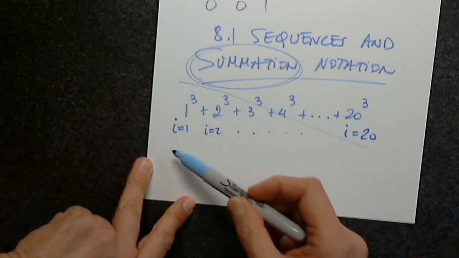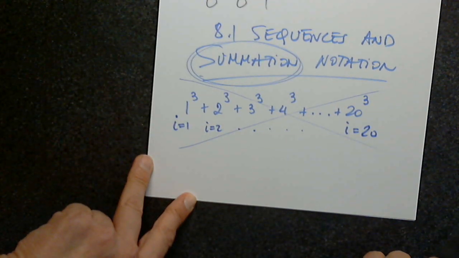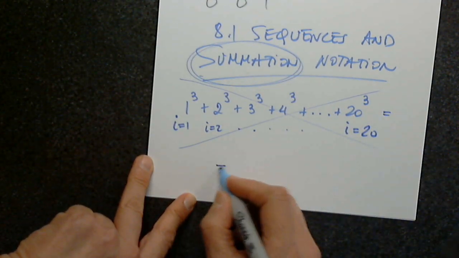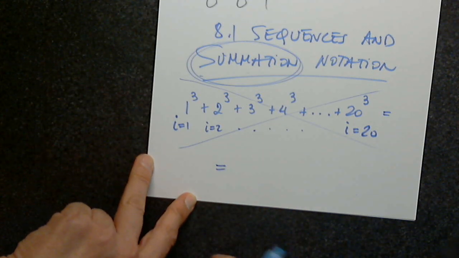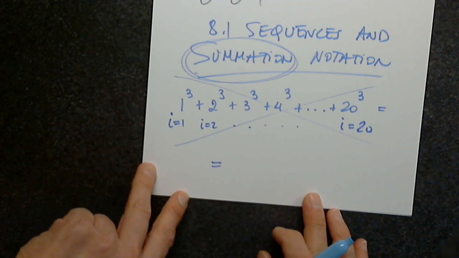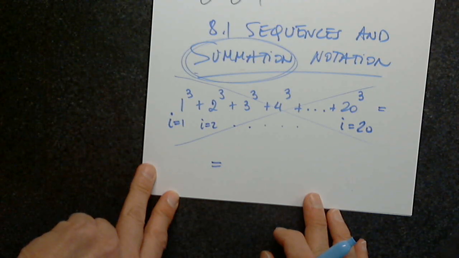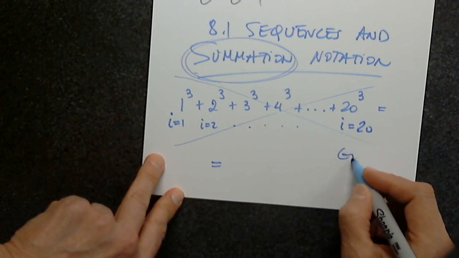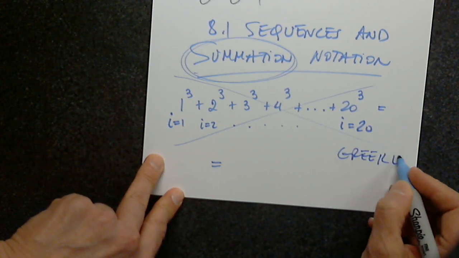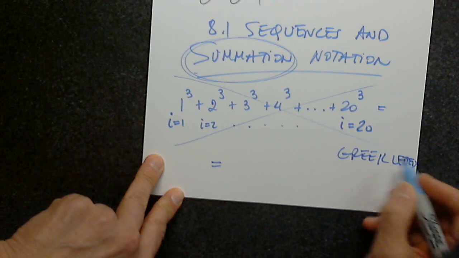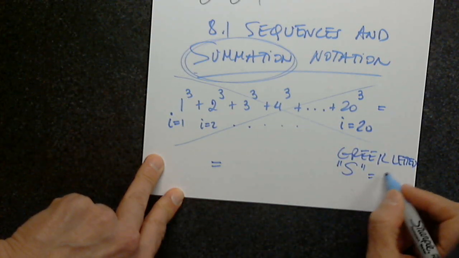We do not like writing anything like this. We like writing it condensed. The letter we're going to use is a Greek letter, sigma. Greek letter S, or sigma.